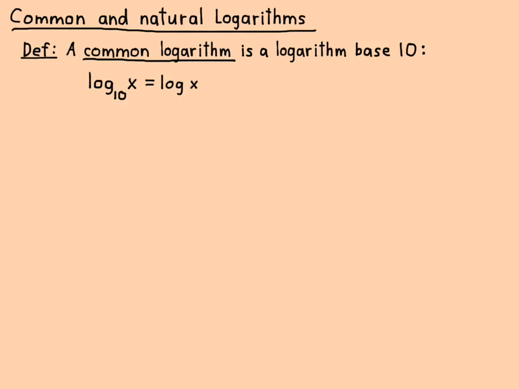This is called a common logarithm, largely because it was the first one invented. It was invented by a guy named Napier, the Scottish guy.